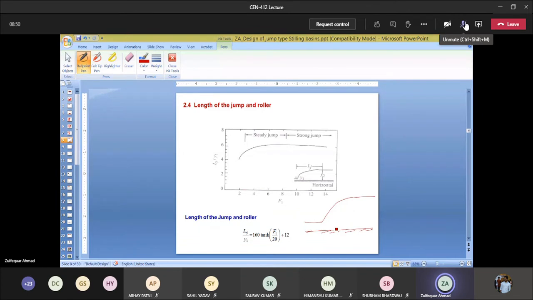Do you consider some shear force acting from the surface on the flowing water? Is this surface posing any resistance to the flowing water? This shear stress, this tau, is equal to 0, right? So this is a frictionless surface.